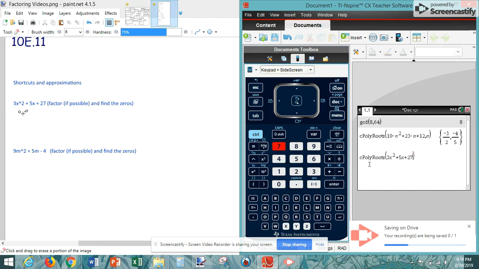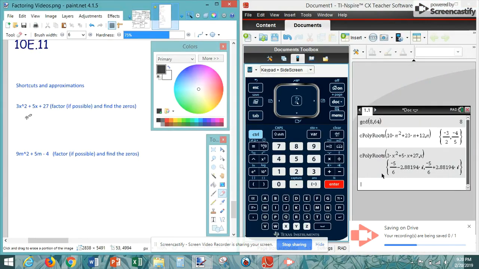When you're finished typing in the equation, you press comma x. You put comma whatever letter you used for your expression, and then press enter. Now notice I have a decimal answer right here. So that's not factorable. This is prime. So we go ahead and write on here as prime.